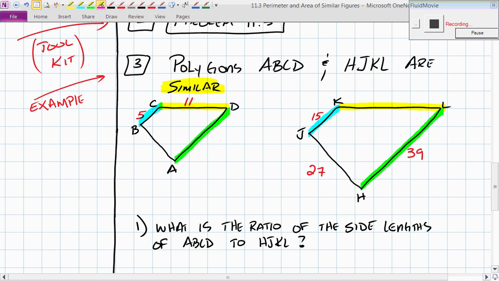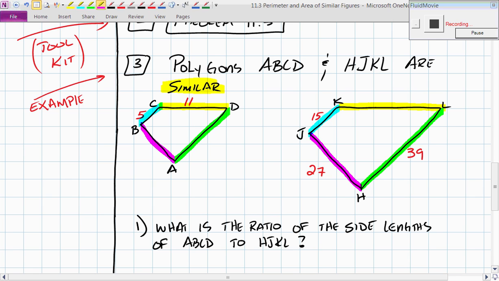And they give me that JH is 27, but they don't give me BA. But of course, we can get all these things, can't we? All right, so let's go ahead and fill in everything that we can around the figures here.